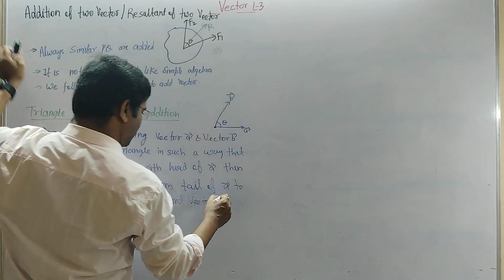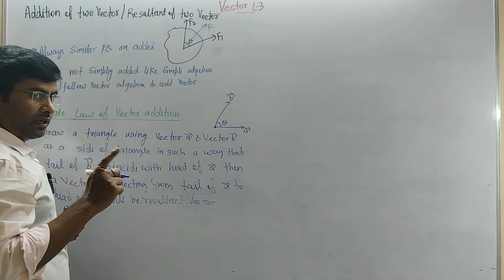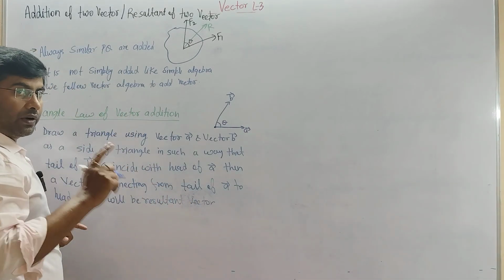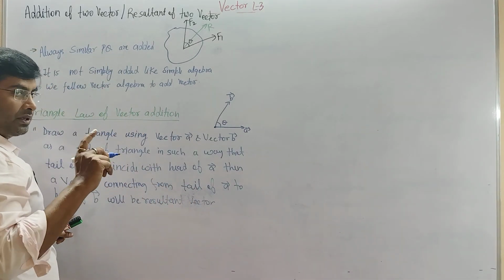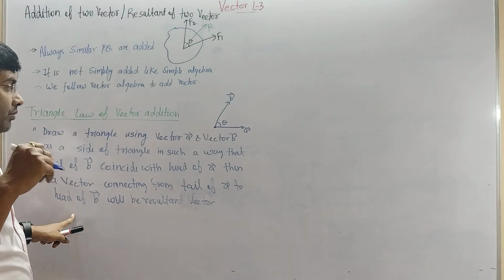We can also say that if two sides represent the two vectors A and B, then the third side of the triangle will represent the resultant vector in opposite order.